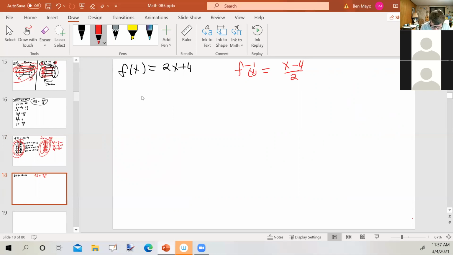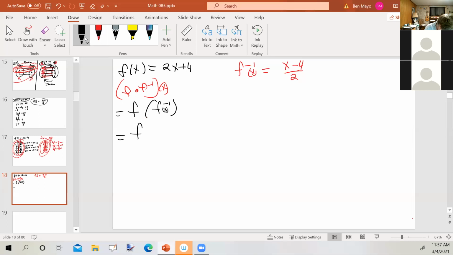Okay, so let's find f composed with f inverse of x. That's equal to f of f inverse of x, which is equal to f of (x minus 4) over 2.